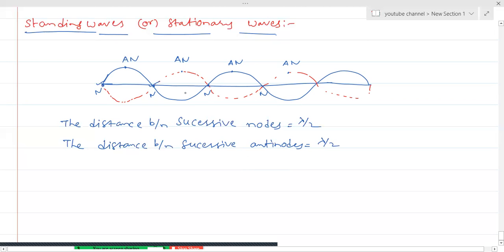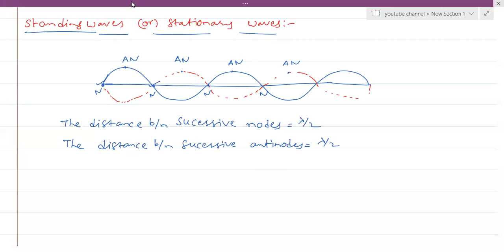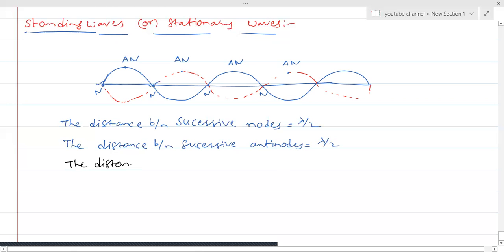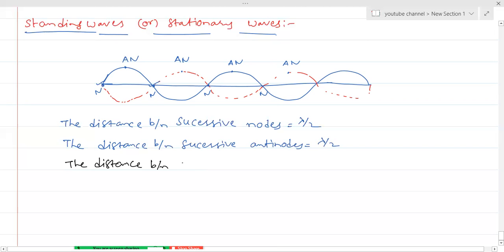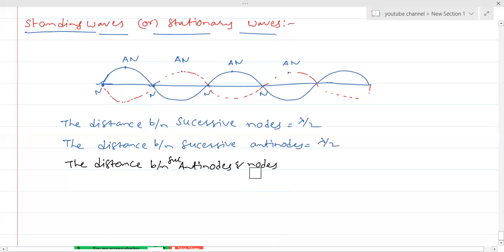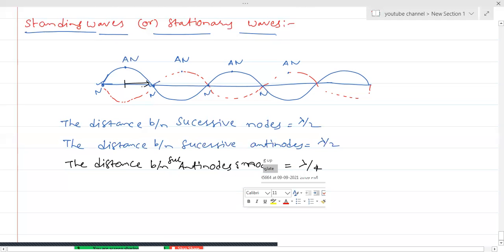And the distance between successive antinodes and nodes is equivalent to lambda by 4. So we can see this: this becomes lambda by 4.